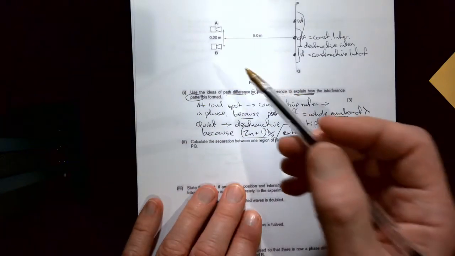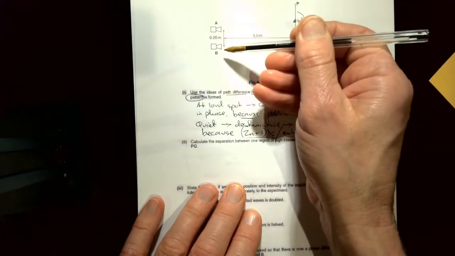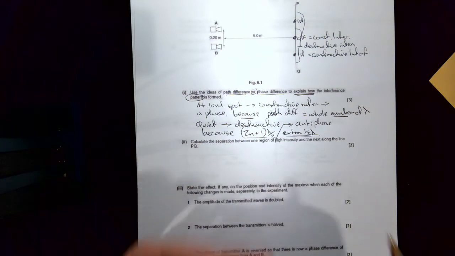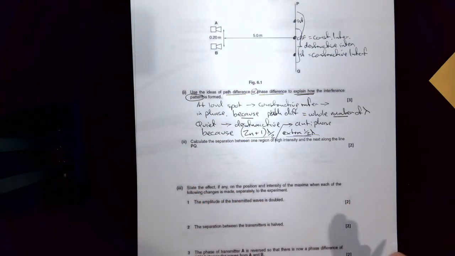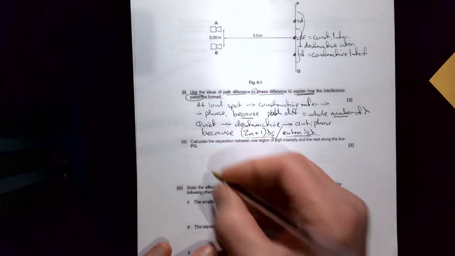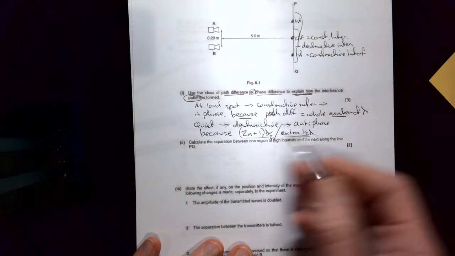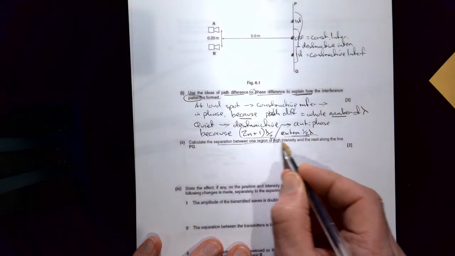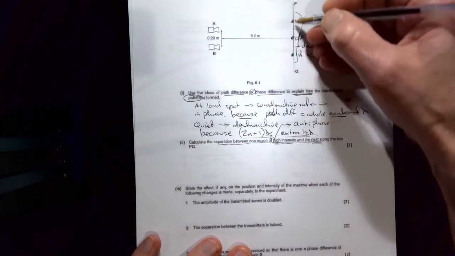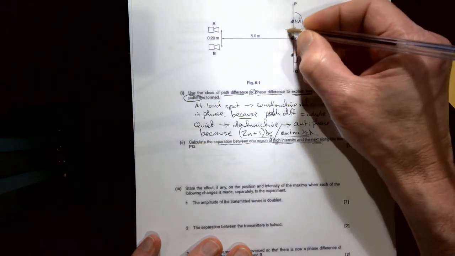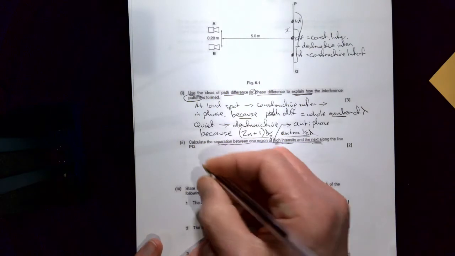All right. Now, surprising number fell down with this. It is the equation for two sources, which is exactly the same idea as having two slits. So your equation that you wanted was actually just straight off the data sheet, and we're trying to find out the separation of, there we go, so loud spot to the next one. So a full fringe distance, which on your equation sheet, if you go back, is x.